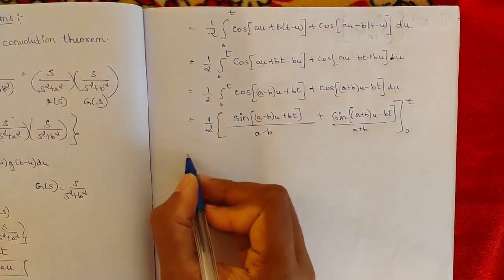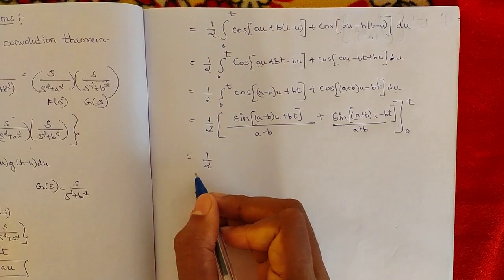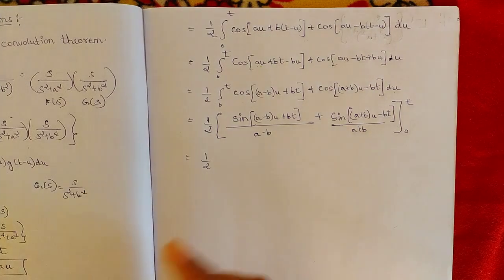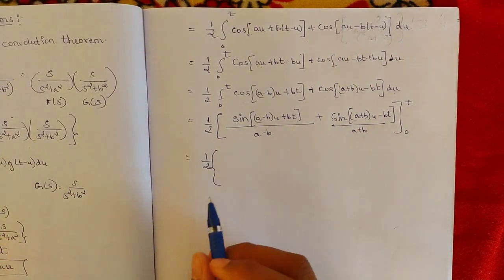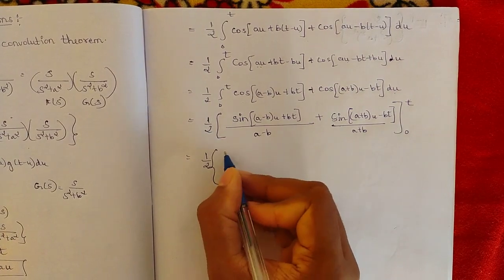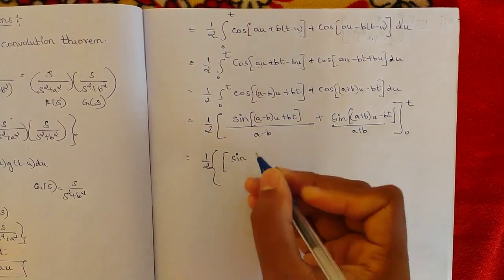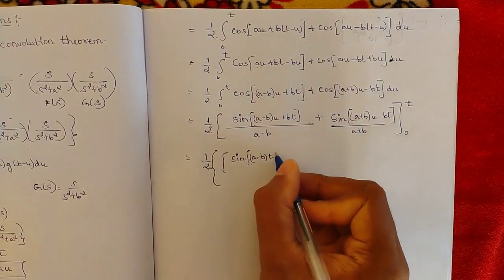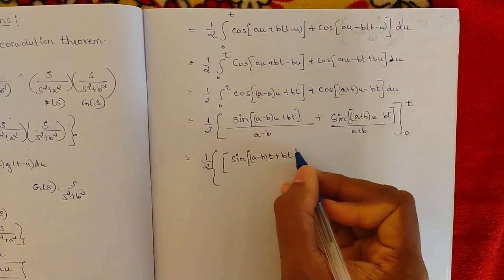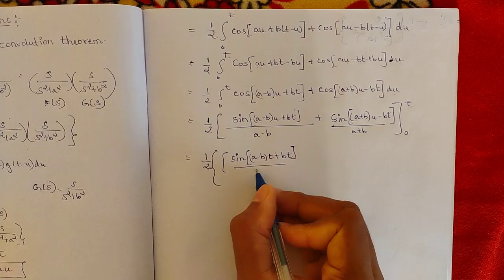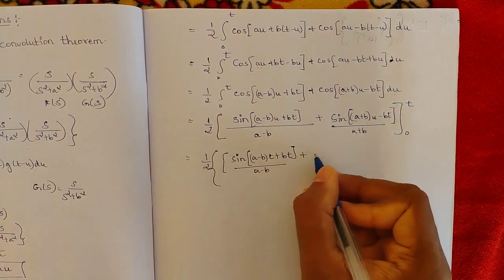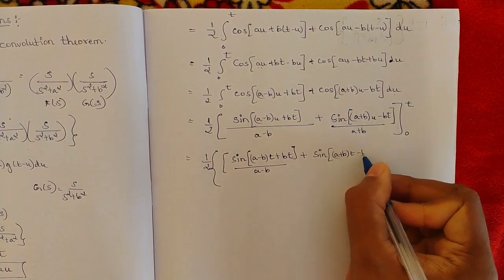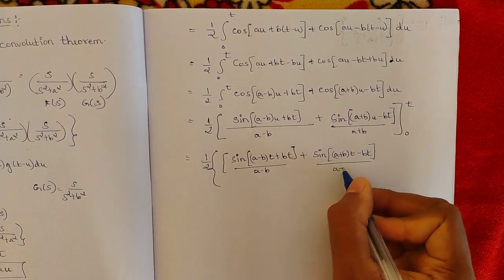So now 1 by 2, apply the limits, upper limit and lower limit. That is sine of (a minus b) into t plus bt divided by a minus b, plus sine of (a plus b) into t minus bt divided by a plus b.